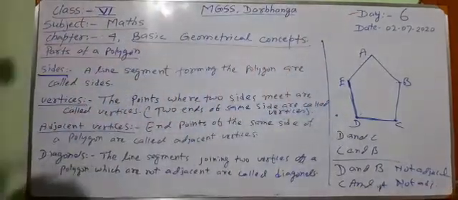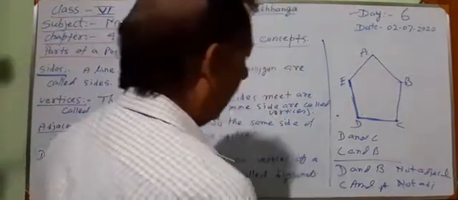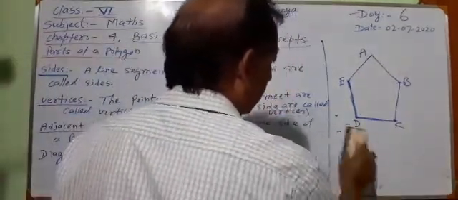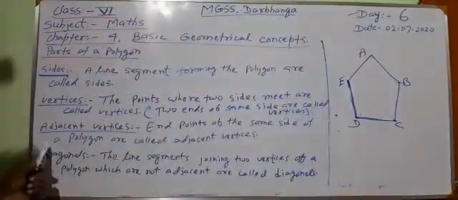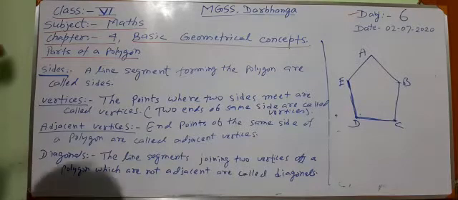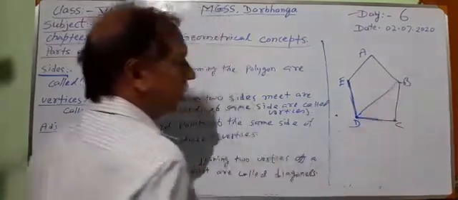Now what is a diagonal? A diagonal is a line segment which joins two non-adjacent vertices. Join D and B. This is a diagonal.